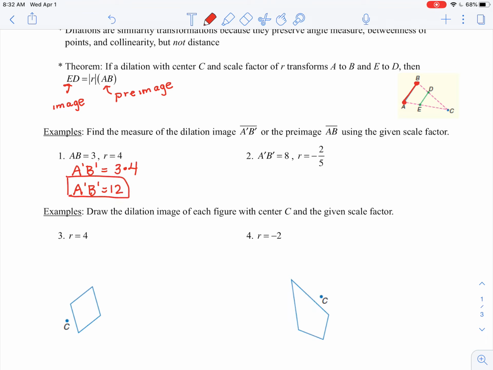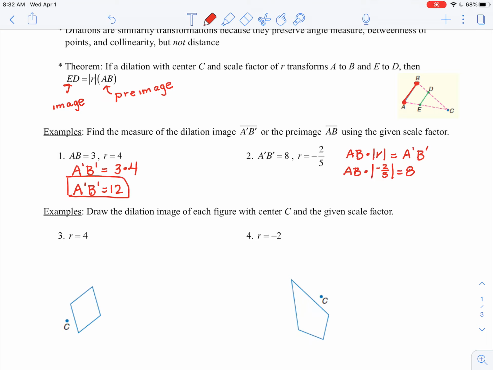In the second question, we're given the length of the image. We have to work backwards to get the length of the pre-image. So remember that we would always take the pre-image, multiply it by the absolute value of our scale factor, and that would give us the length of the image. If I set this up as an equation, the length of the pre-image A would get multiplied by the absolute value of our scale factor, 2/5, and that would give us the length of the image, 8.